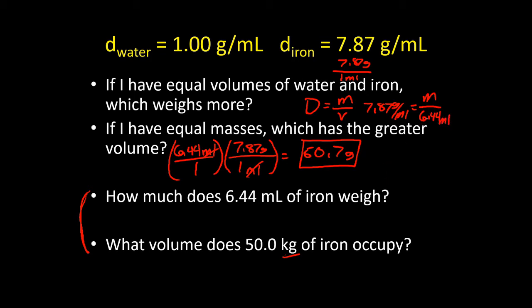And so now you have an equation here with one unknown, and you can solve for the mass. Now again, this feels different, it looks different, but if you actually do the math, it's exactly the same, because you're going to end up just multiplying both of these together to get the mass, which is exactly what we did here. So it's the same process, it just looks and feels different.